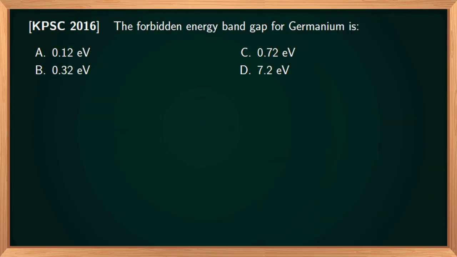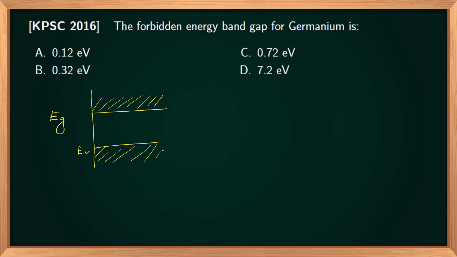Next question. The forbidden energy band gap for germanium. The forbidden energy gap EG is the gap between the lower edge of the conduction band and the higher edge of the valence band, that is, between conduction band level EC and valence band level EV. So EG equals EC minus EV.